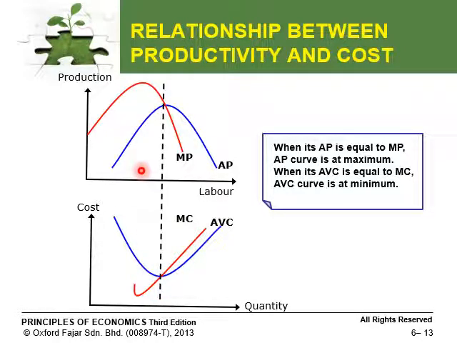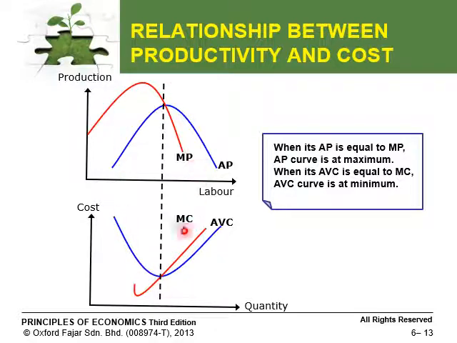In conclusion, when the firm reaches the maximum number of production, automatically the average variable cost incurred by that firm will be at the lowest point ever.